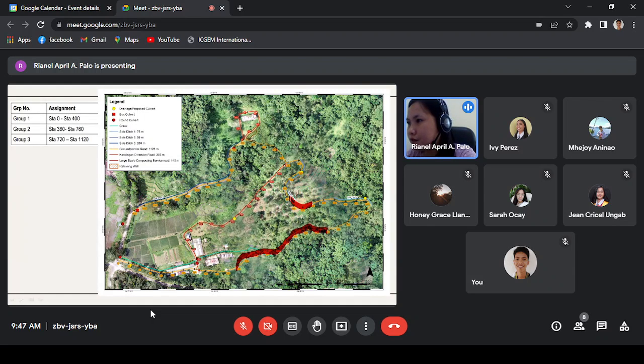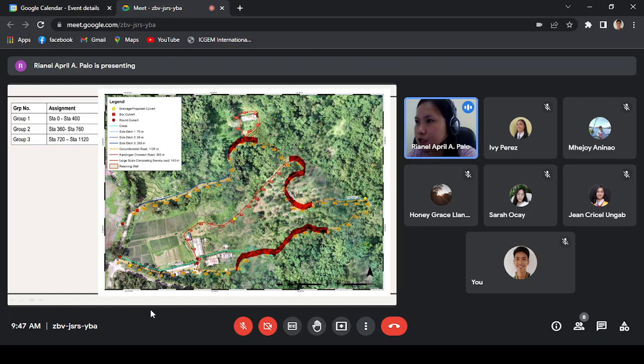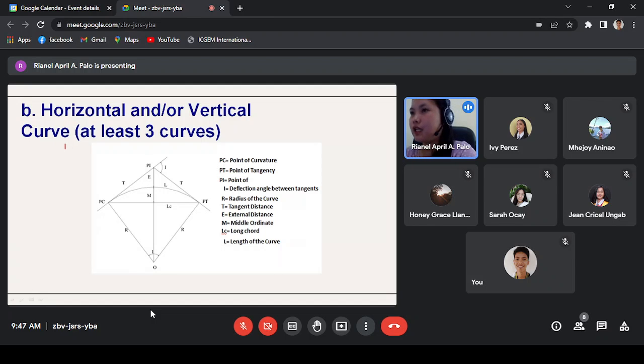First curve, then second curve, then third curve. Then for group 3, station 720 to station 1120, you can use this curve. First curve, second curve, then third curve. Okay? Muna sa inyong horizontal and vertical curve.